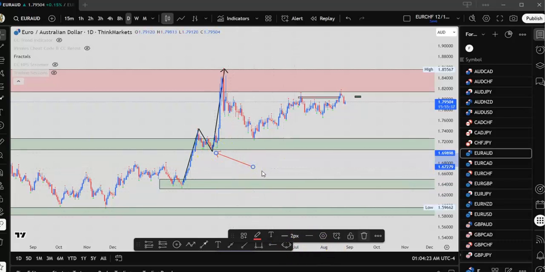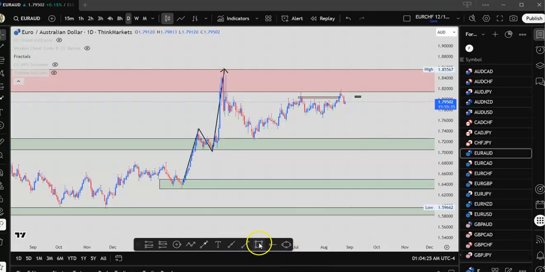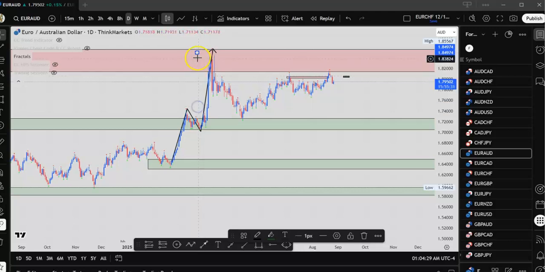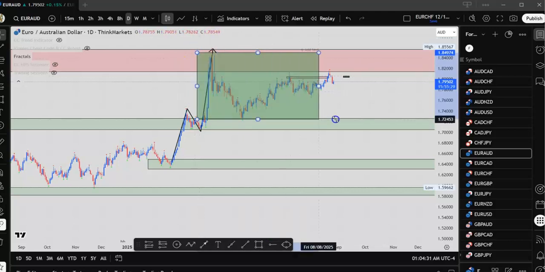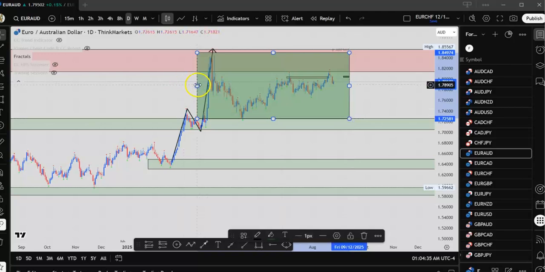area, from here all the way to here, this giant rectangle, let's remove this here. So this area, all of that, that's called internal structure. What that means is all of this price action going on in here is happening inside of this higher low and higher high.